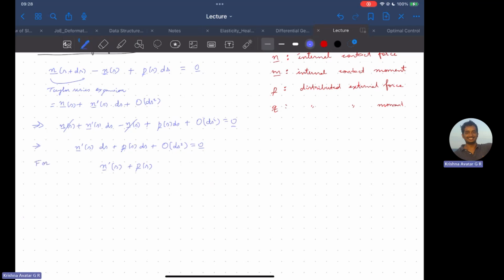Since ds is already small, tending to 0, overall we'll have just this thing. This is the force balance equation.